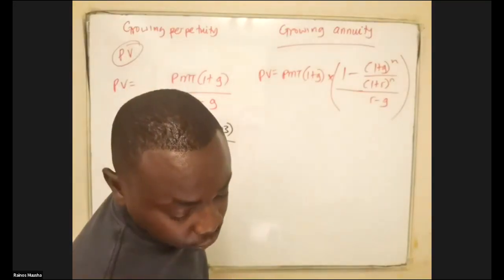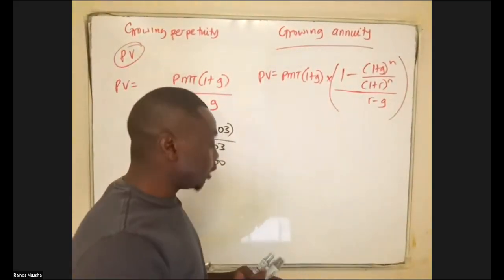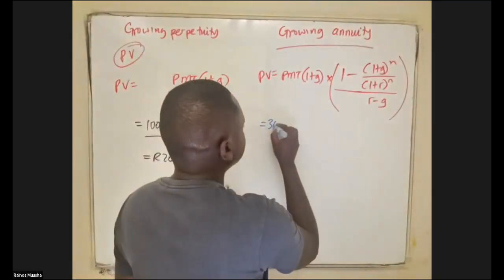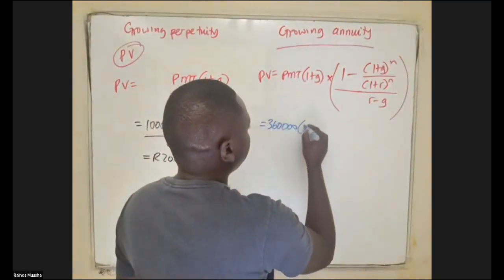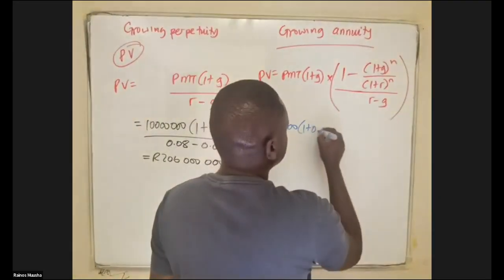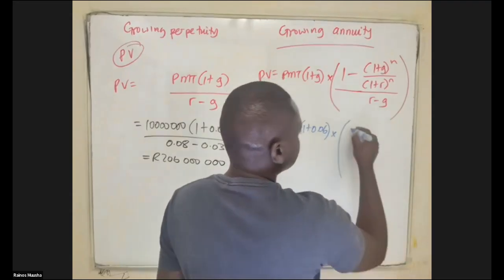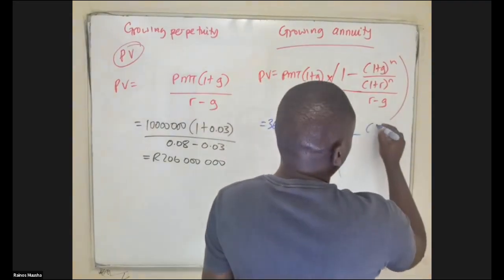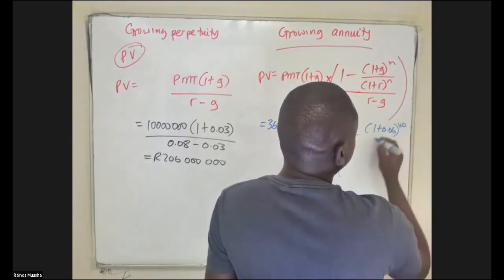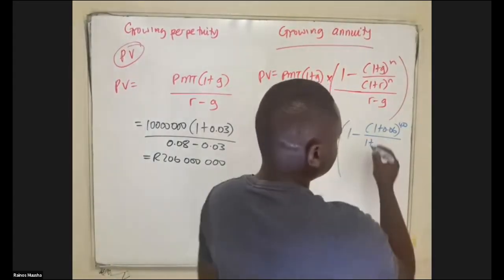So if ever they ask you to find the present value of this growing annuity, it would be given as your annuity of 360,000 multiplied by 1 plus the growth rate, which they say is 6%, multiplied by, in bigger brackets, 1 minus 1 plus the growth rate of 0.06 over a 40-year period, divided by 1 plus the interest rate.